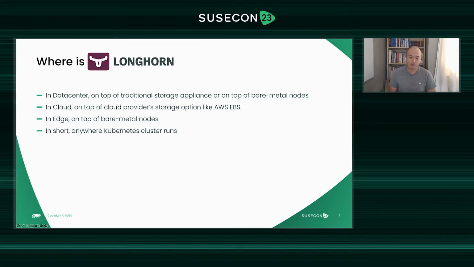There will be some requirements on the Longhorn side, like hardware, how many CPUs and memory, and the network requirements. Those are the big three. But you also have to have a fast enough, robust enough storage device, which means no SD card. As long as you satisfy those requirements, you can run Longhorn anywhere the Kubernetes cluster runs.